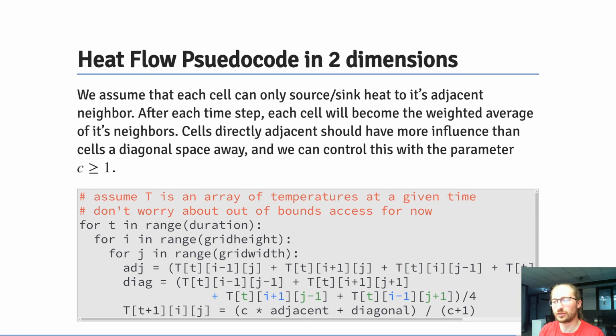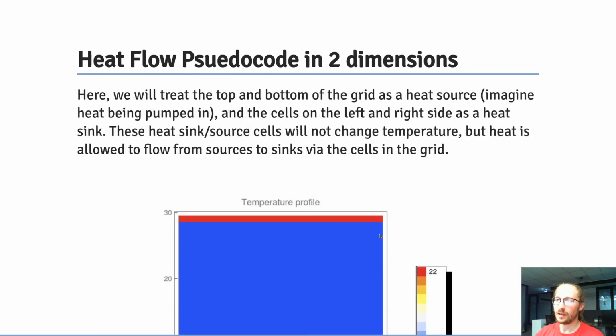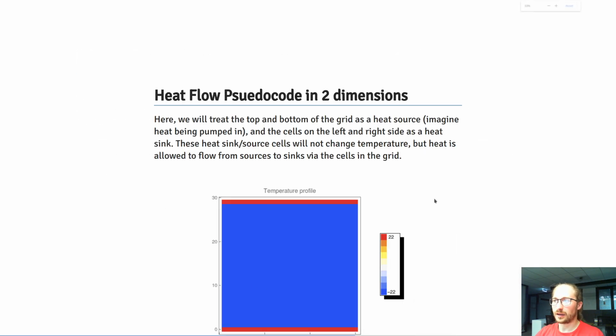And so we can sort of change how much that matters by tweaking the value of C. And so here, as I've said before, we'll sort of imagine the top and the bottom are always hot, and the left and the right hand side are always cold, and heat can sort of propagate through the system. And here I've chosen C to be 2. So I'm going to assume that immediate neighbours matter twice as much, sort of conduct heat twice as fast as the diagonal neighbours. And so this is the initial configuration of the system.